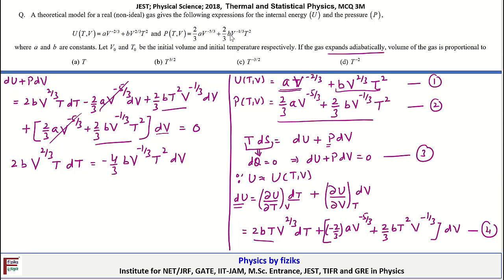So after rearranging the terms by collecting the coefficients of dt and dv on respective sides, we obtain dt by t square, and that is equal to minus 2 by 3 v power minus 1 by 3 dv upon v power 2 by 3. So upon solving, we obtain dt by t equal to minus 2 by 3 dv by v.